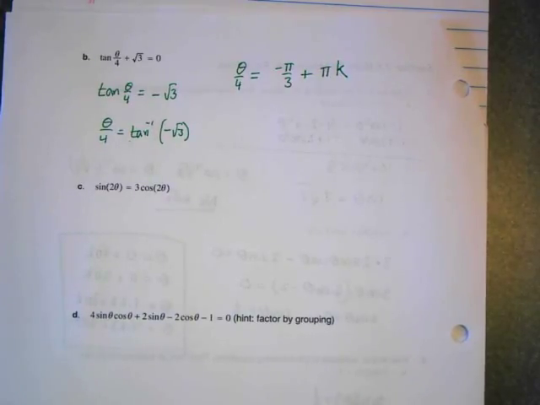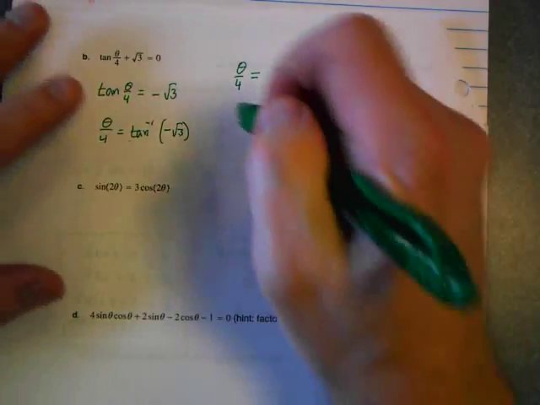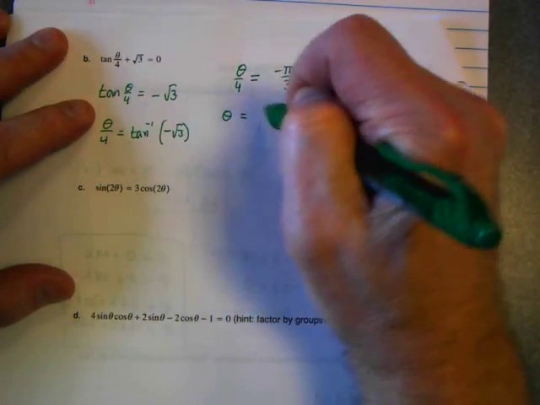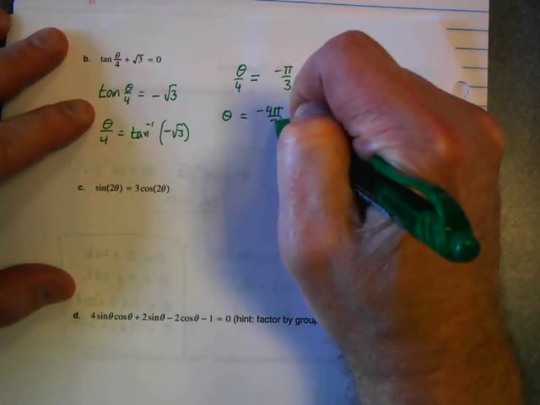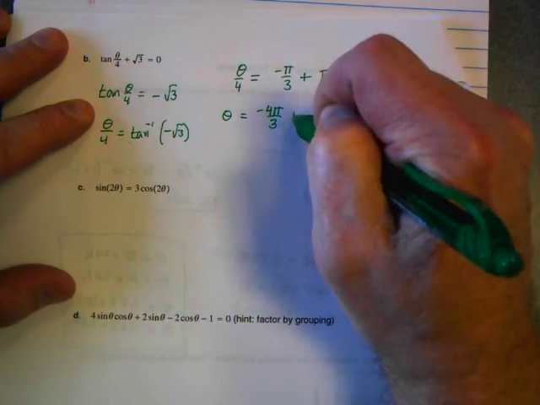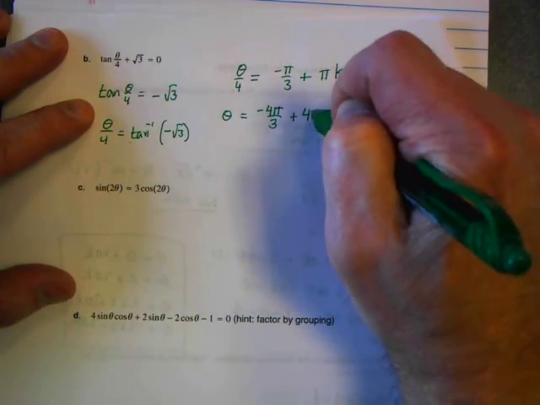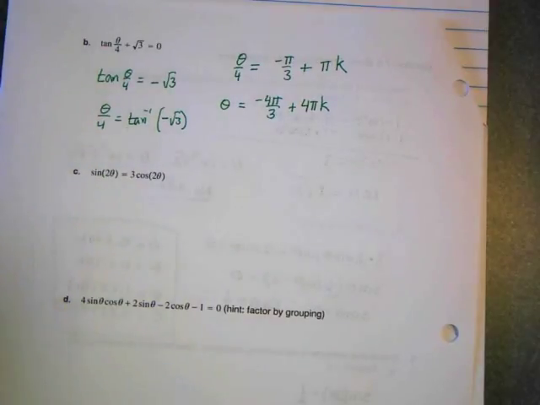Very similar to what we had to do last time. Now we multiply both sides by 4 to get rid of the fraction. So theta is negative 4 pi over 3 plus 4 pi k. So there's all the answers.